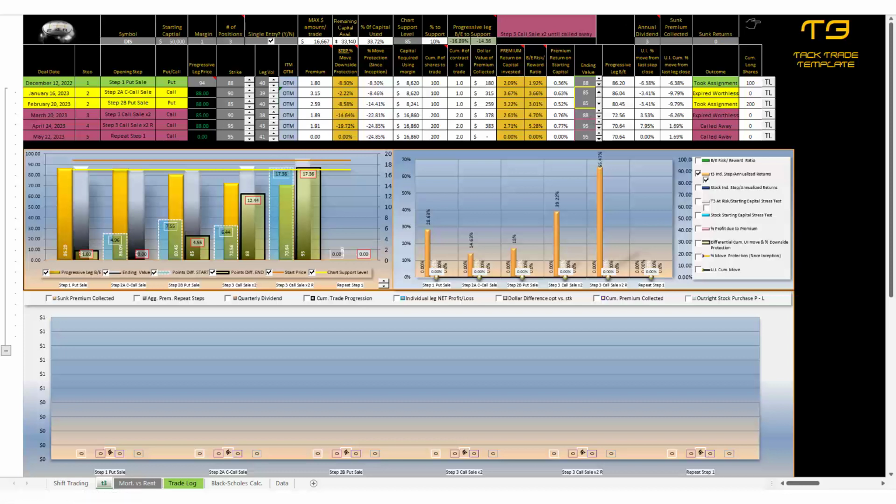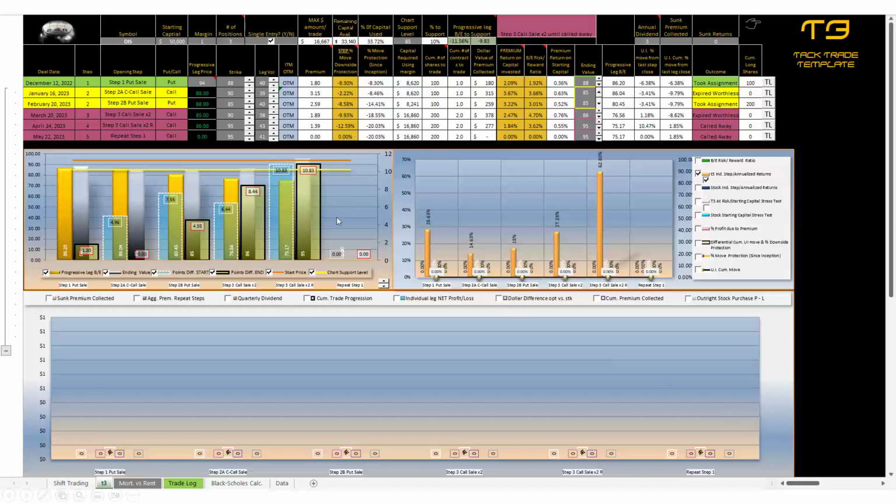Once again, we went from $24.01 down to $10.83. Lower premium, and because we are long 200 shares, we are also reducing how much profit we have on the 200 long shares that we hold.